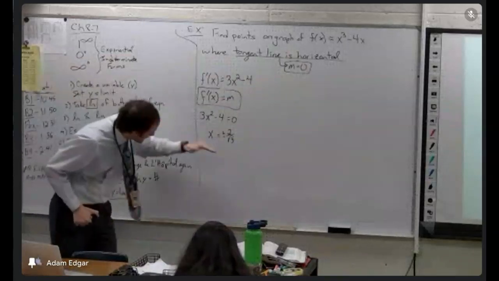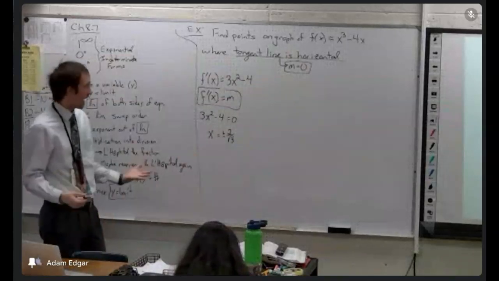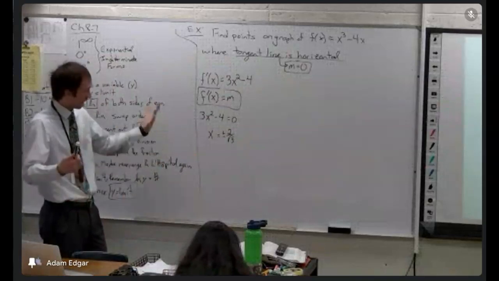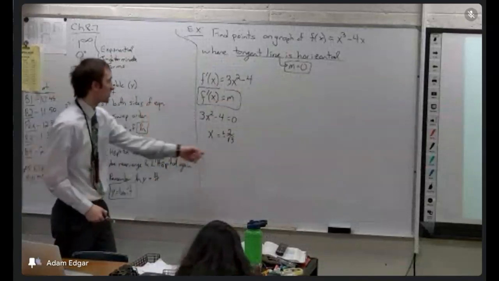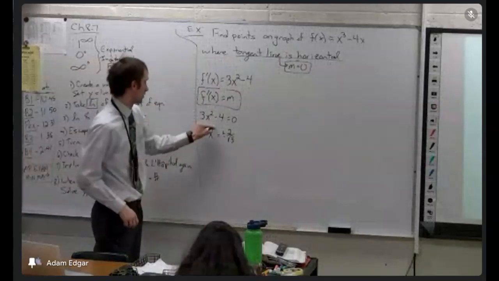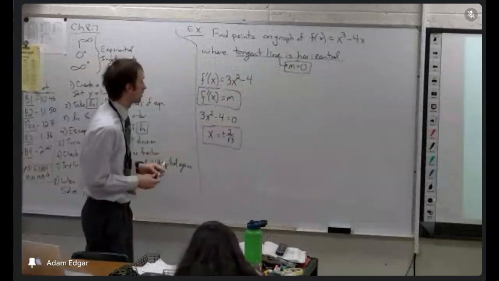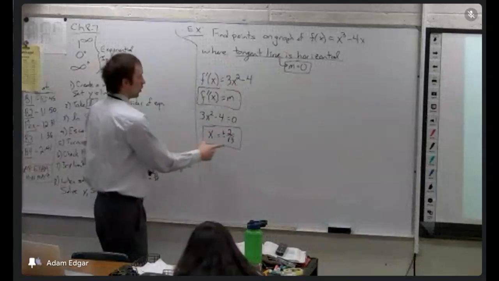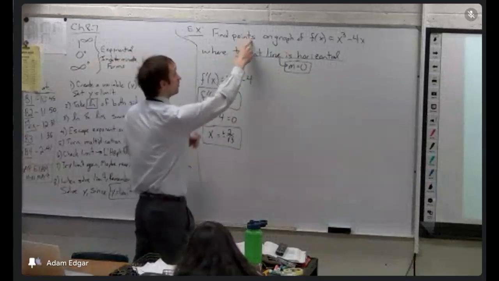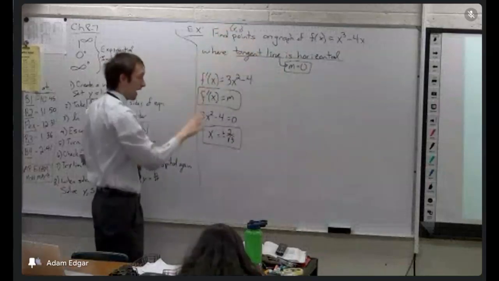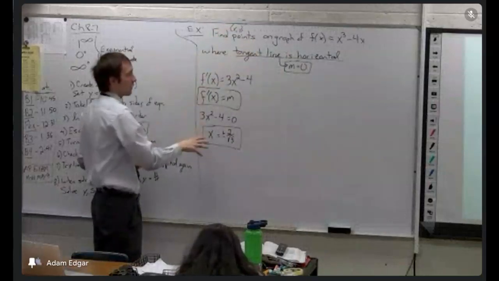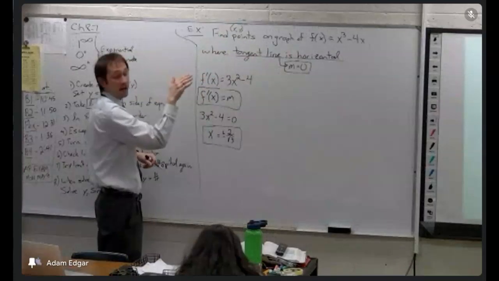And now that you have a solution for x, we must be done, because you got an x equals something, so that's always the end of the line. No. All right, what do we still need to do? Yeah. The goal was to find points. Points are constituted by an x and a y coordinate. So you have your x, great. Now you got to take that and plug it back where to get your y?